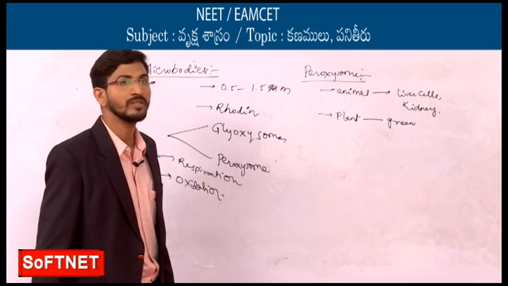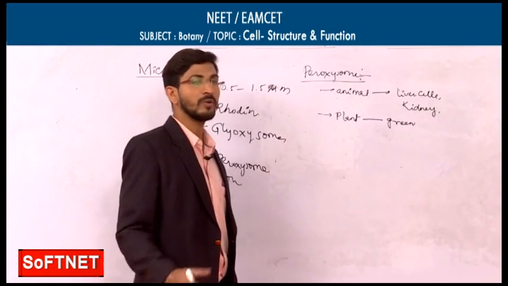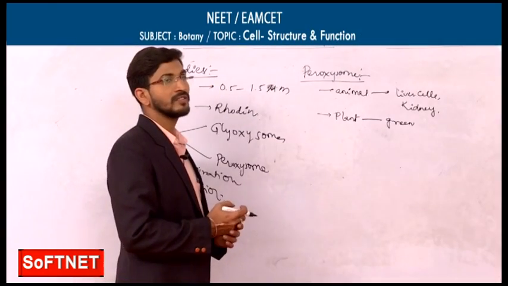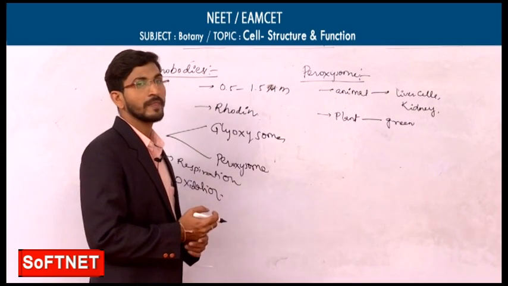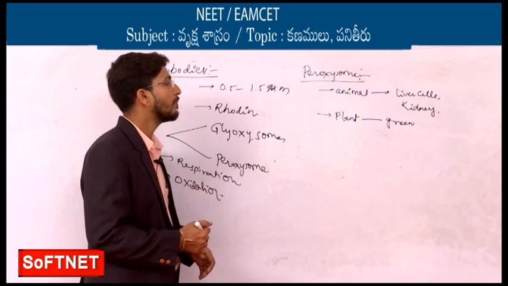Why? Because during photorespiration they produce H2O2, peroxide, which is toxic to plants. It is neutralized with the help of the catalase enzyme, which is produced by the peroxisome.